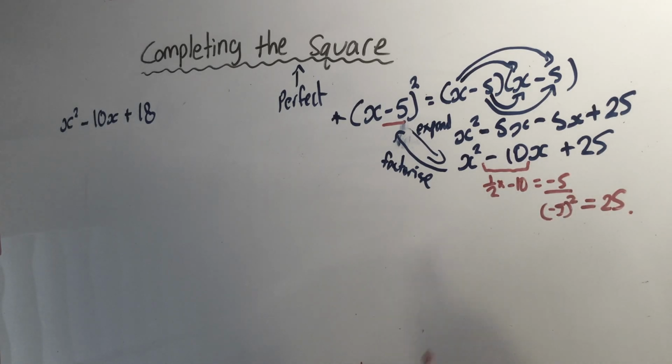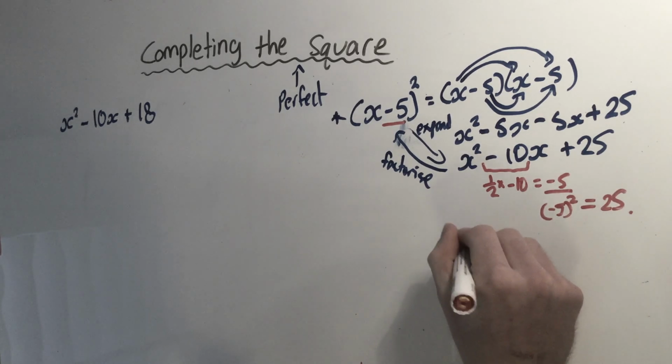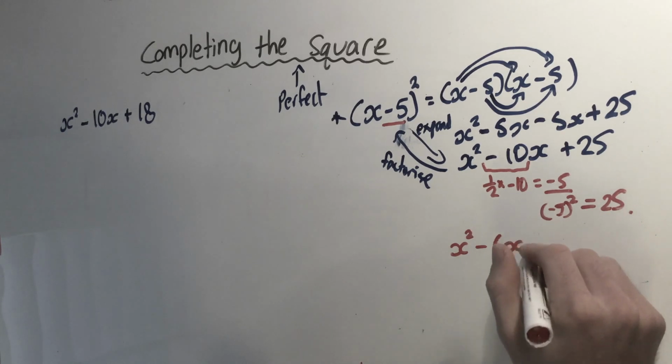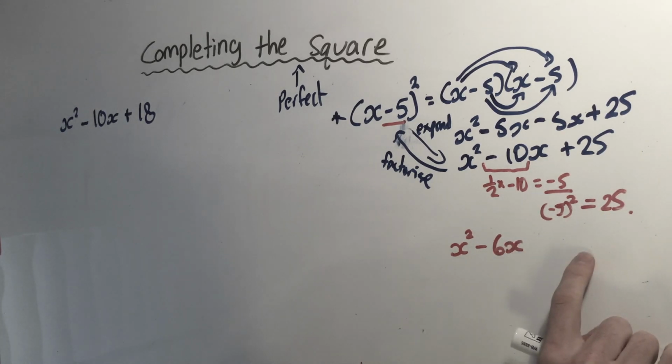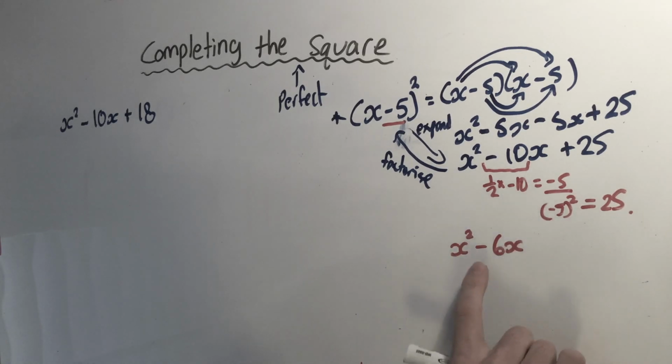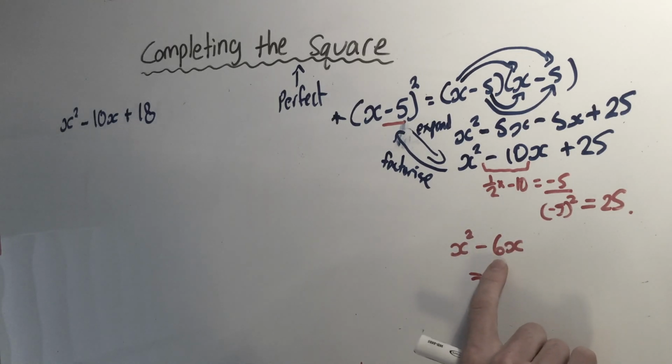So if you got an expression that looks like this, let's have a look at x squared minus 6x. What number do I want on the end for me to be able to put this whole thing into a bracket? Well, as I said, what's half of minus 6? Minus 3.